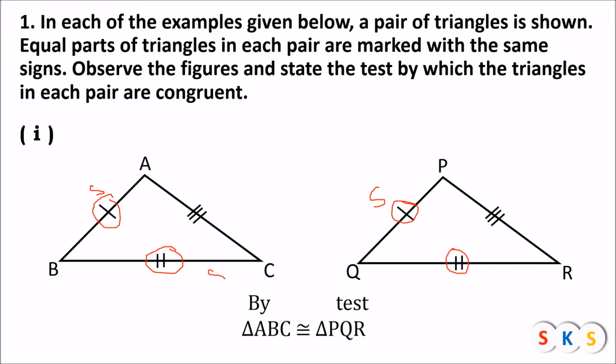Therefore side BC is congruent to side QR, and side AC and side PR got the same kind of mark. Therefore side AC is congruent to side PR. So you can see that both the triangles have equal sides. It means all three sides of both the triangles are congruent to each other. Therefore these two triangles are congruent by SSS test.